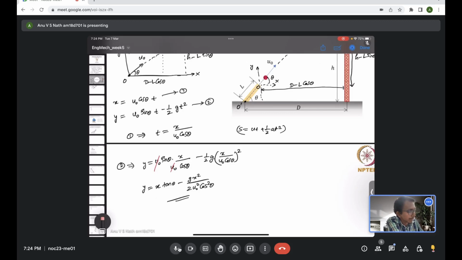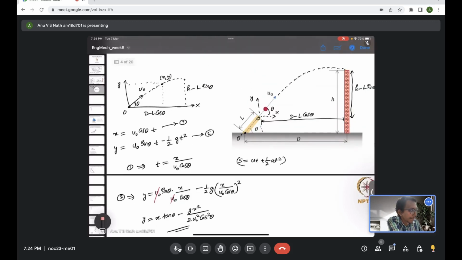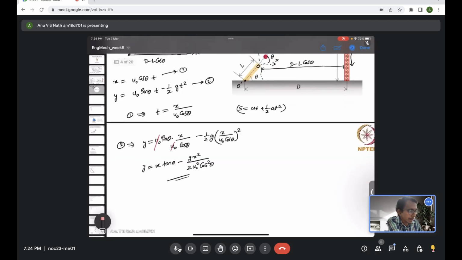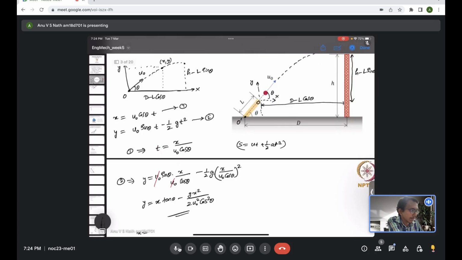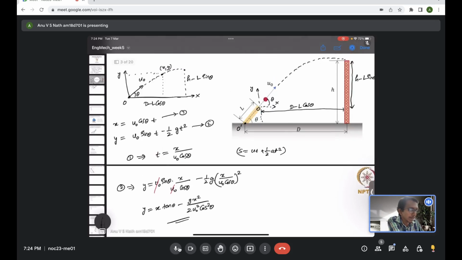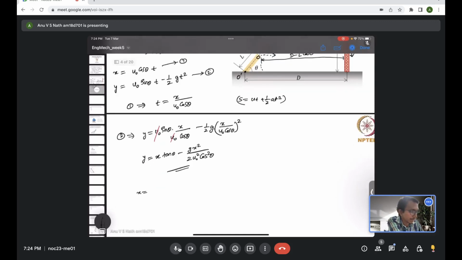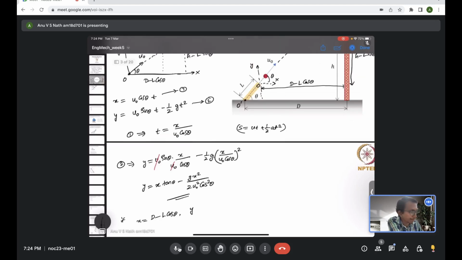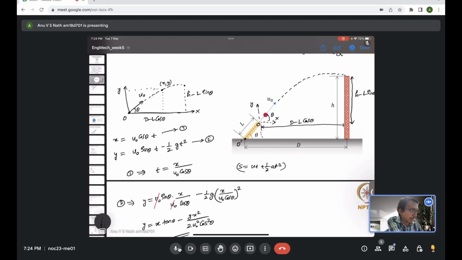Now we will come to our problem. So we know when x is the horizontal distance traveled, which is d minus L cos theta, the distance to the wall, what we want is that the corresponding y value should be at least the wall height from the origin, which is h minus L sin theta.